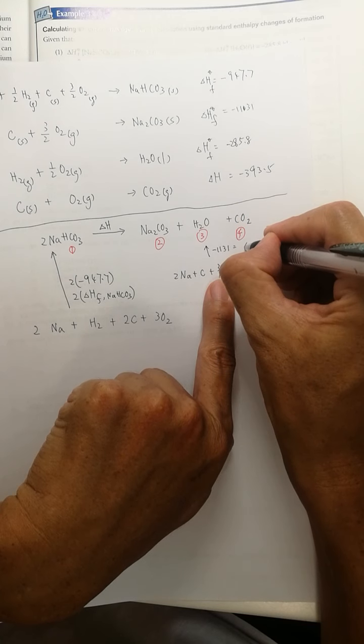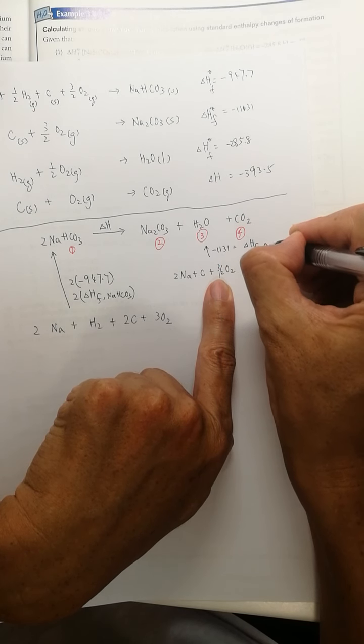Actually, it is equal to delta H formation of Na2CO3.